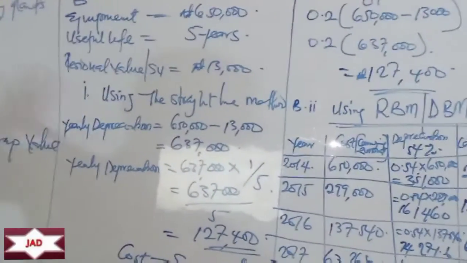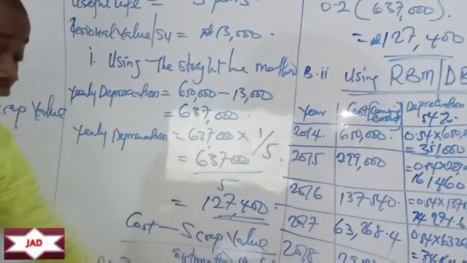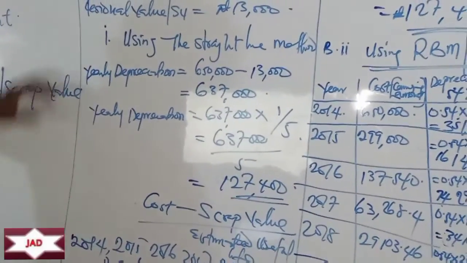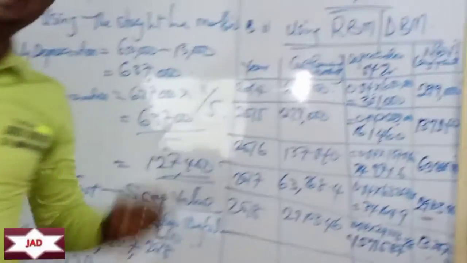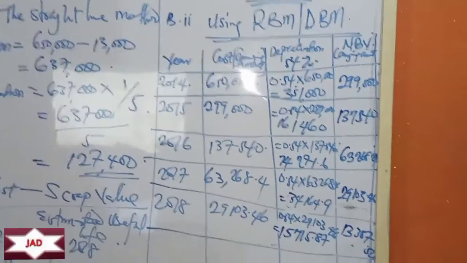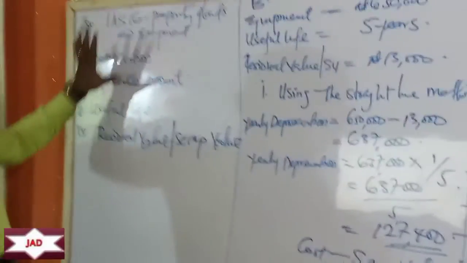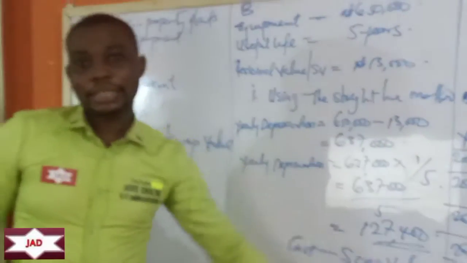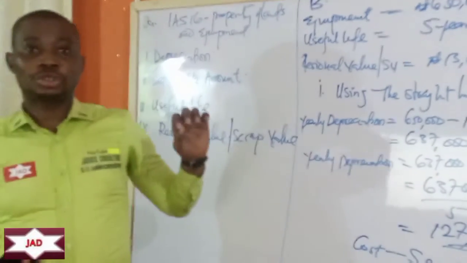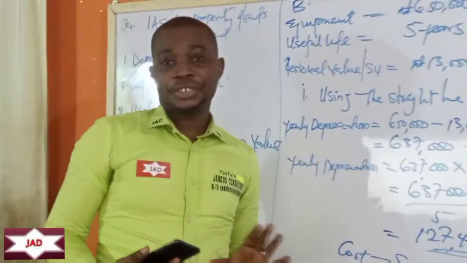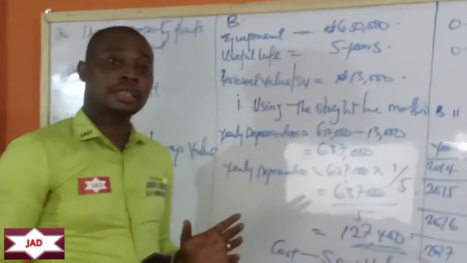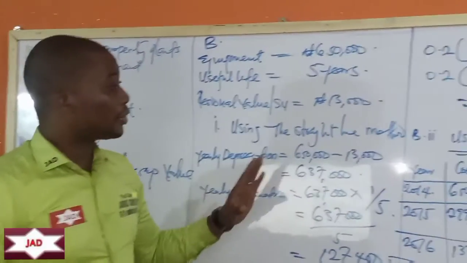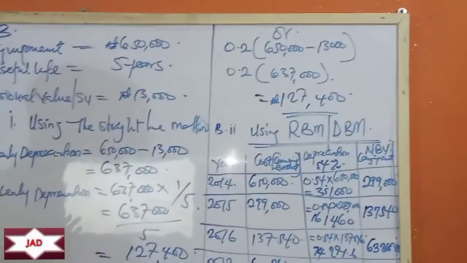Here we've calculated for 5 years, using the straight line method and then the reducing balance method. So this is simply a technique or a method used in calculating depreciation charges for organizations.